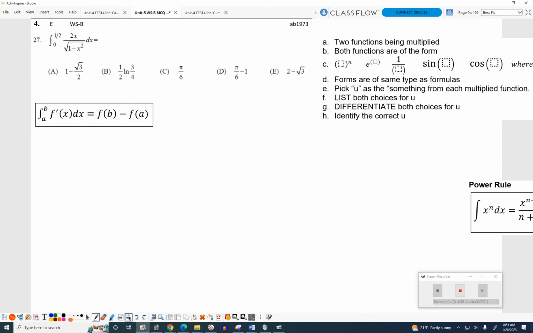So we write the antiderivative from 0 to 1/2 of 2x all over the square root of 1 minus x squared dx. We know that the choice that we made was 1 minus x squared. We need to make it even more about u. We do not go back to x. We make it all about u.